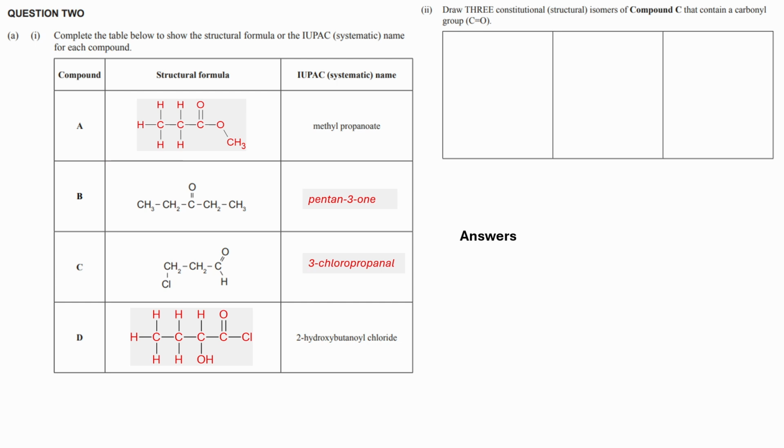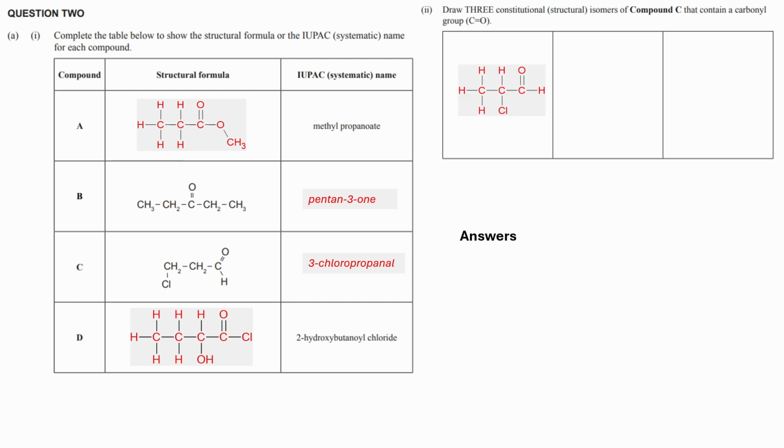Now they want us to draw next to 3 constitutional isomers of C. So here is C. Constitutional isomers mean we have the same number and type of atoms, they're just arranged in different ways. So, well, let's draw the easiest one, that is a constitutional isomer. Let's just take this chlorine off here and put it coming off the 2nd carbon.